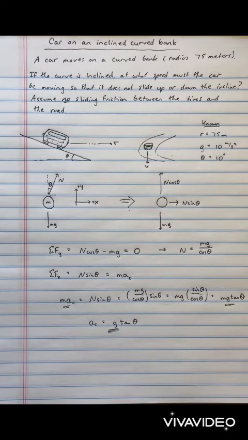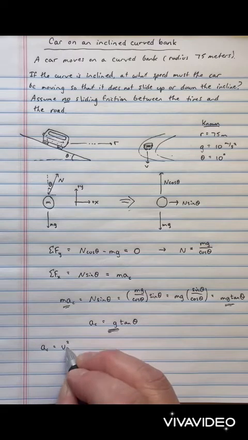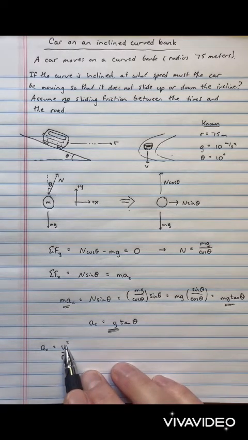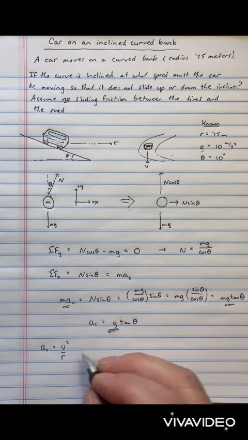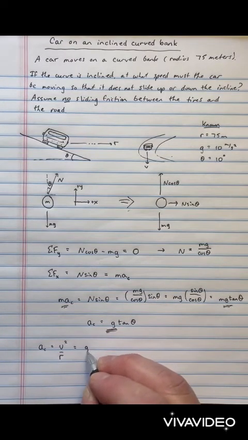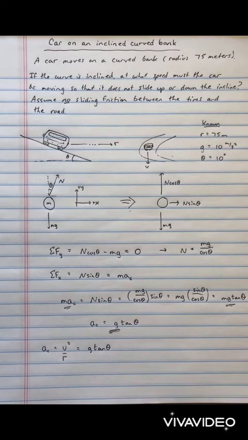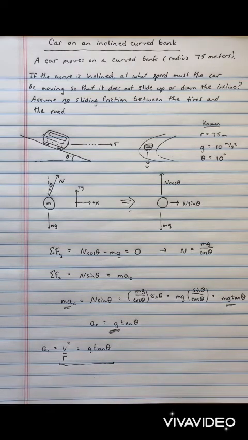All right, next step. How do we get speed out of this? Well, centripetal acceleration has a formula, v squared divided by r, or the speed squared divided by the radius of the circle. Let's put that in. So v squared over r equals g tangent theta. Let's move the r over.